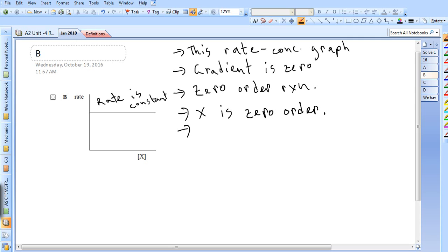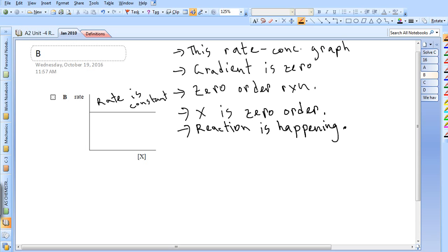Here there is another thing that you need to know, that the reaction is happening. The reaction doesn't stop over here, the reaction still carries on throughout the time. But let me tell you one thing, some of the students get confused with this graph and another one, that is the concentration time graph.